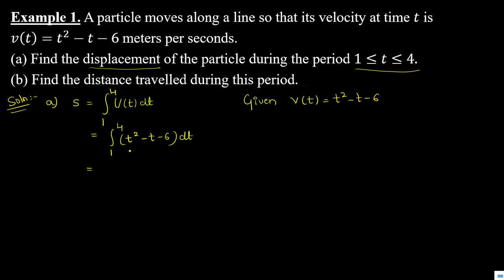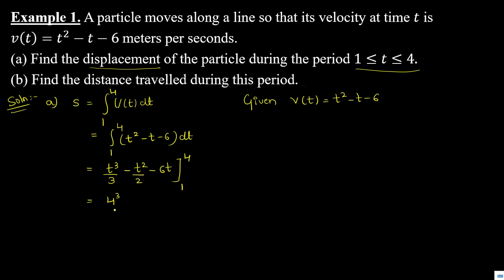Integrating this function, t square becomes t cube by 3, minus t square by 2, minus 6t. After you integrate, you are going to apply the limits: the upper limit minus the lower limit. First we apply the value 4 wherever you have t, so replacing t by 4.